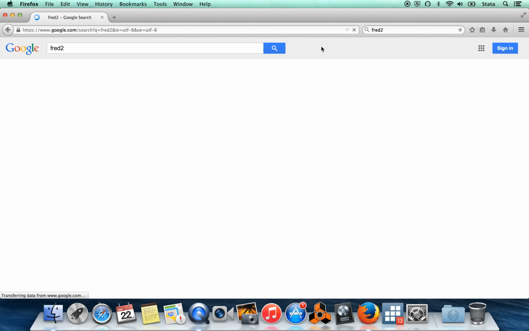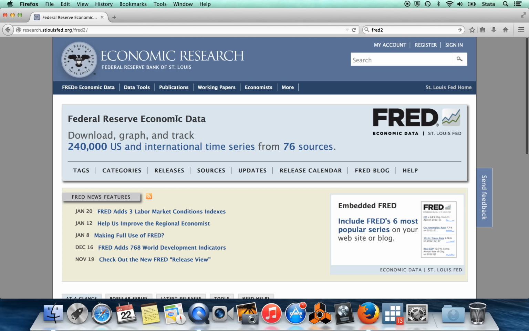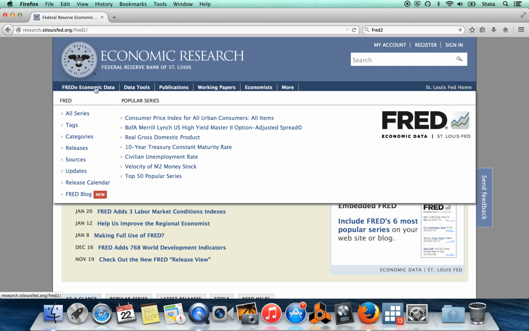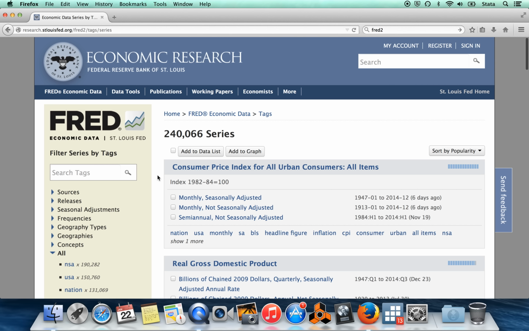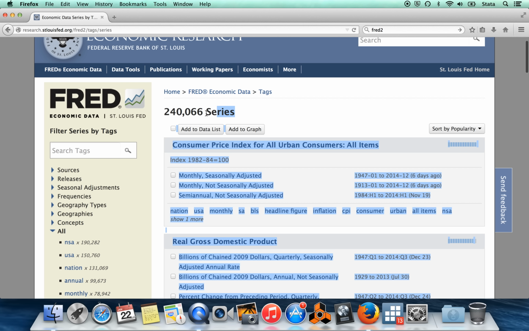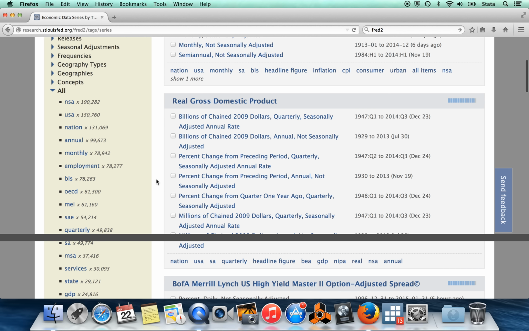The next big warehouse that I want to show you is FRED2. It's Federal Reserve Economic Data. This is housed at the St. Louis Fed, which is a branch of the Federal Reserve System. I'm just hovering over FRED economic data up here, and I'm going to click where it says All Series. You can get a sense they have tons of data series, and stuff which a central bank might care about is very well represented, things like prices and GDP.